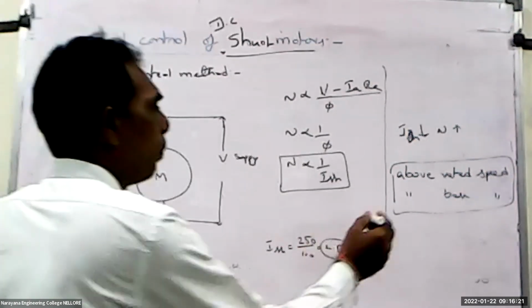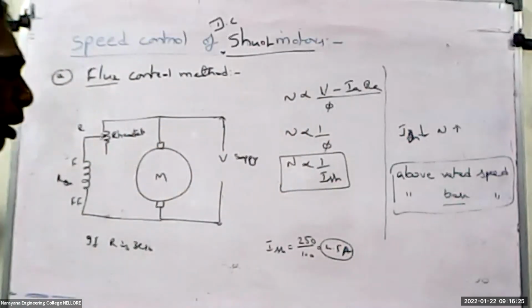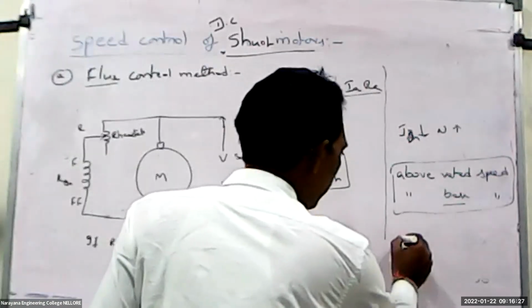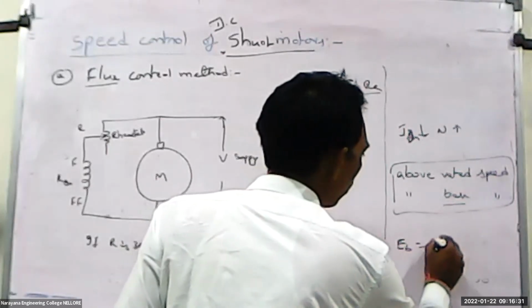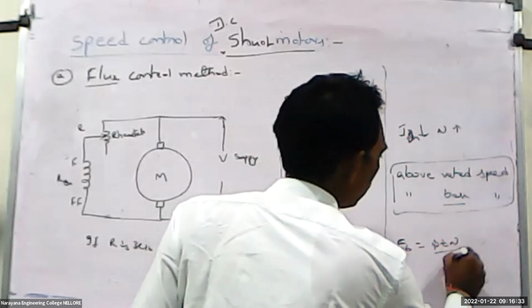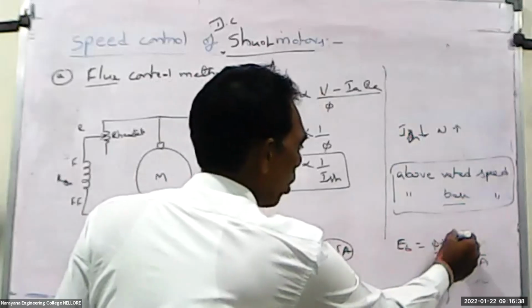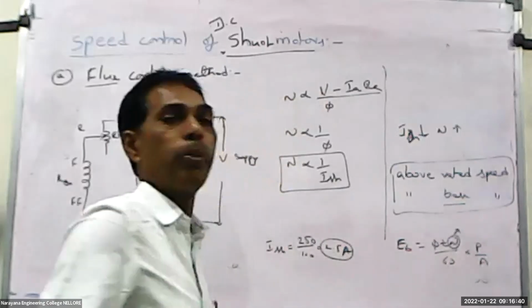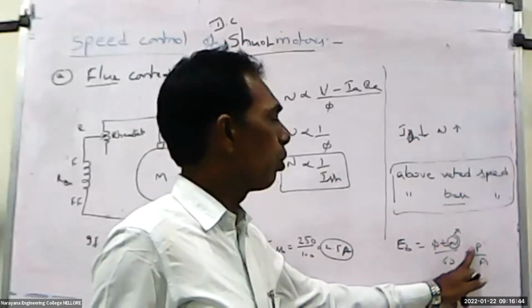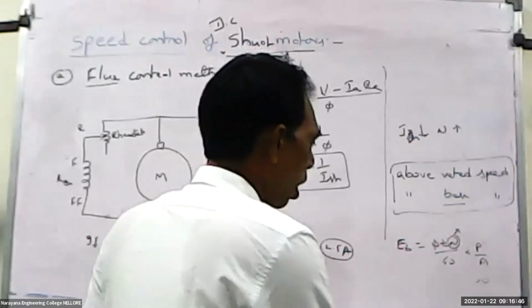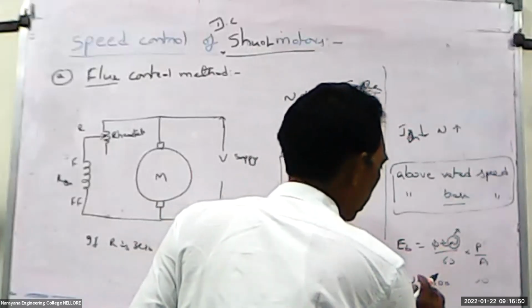Then what is base speed and what is above? Base speed means, we know that E_b is equal to (phi Z N by 60) into (P by A). By using this equation, we identify the speed. In general, the number of poles is equal to 4, so in normal cases, speed is approximately equal to 1500 RPM.